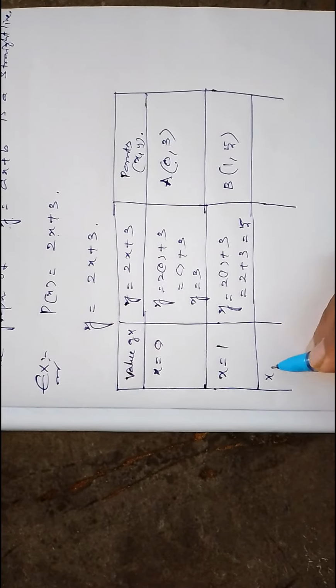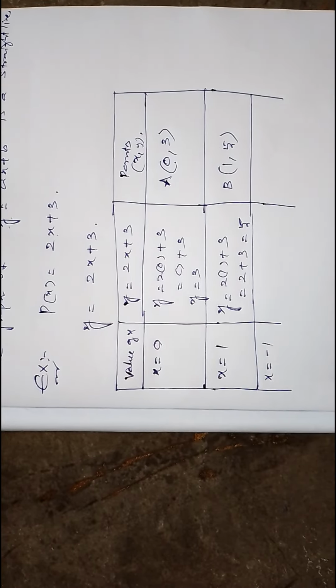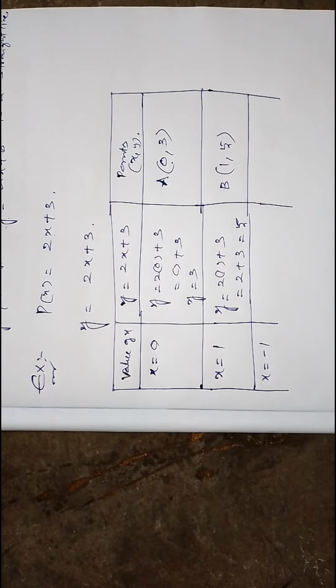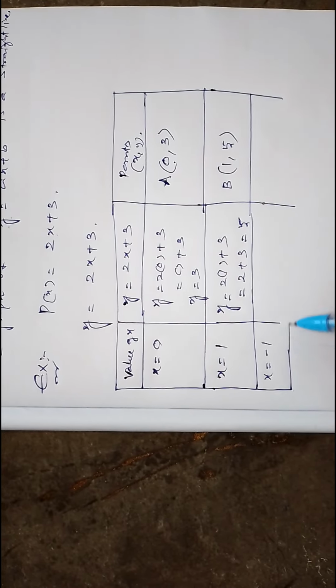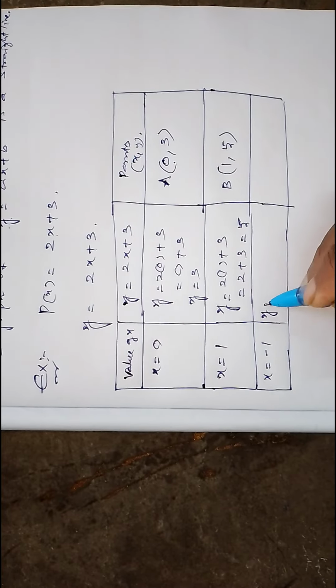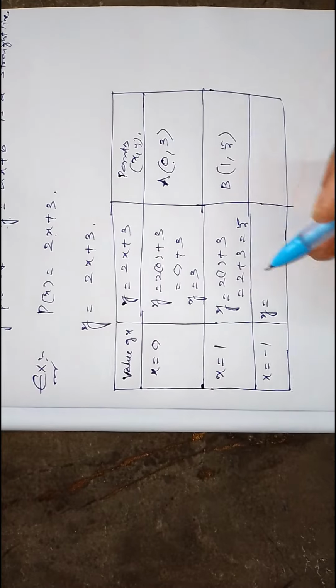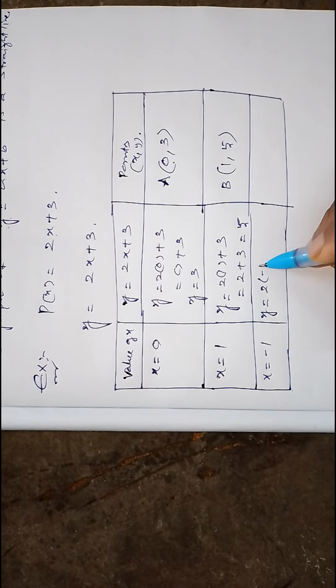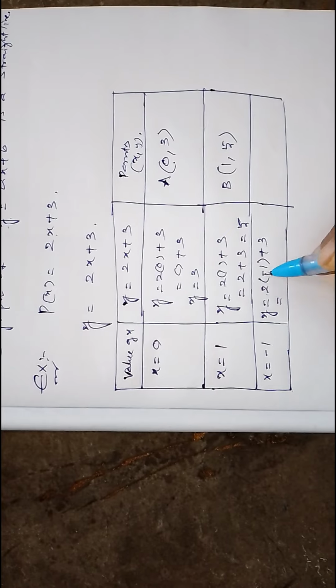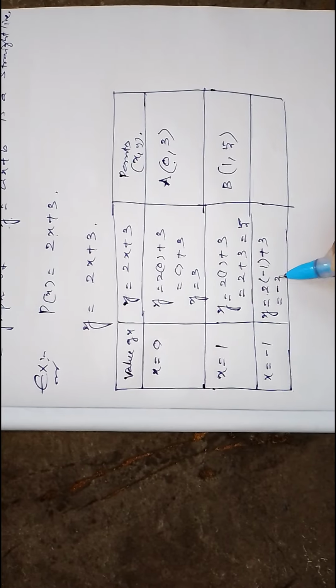Then one more point: x equals minus 1. On the number line, I take a negative value to the left of 0. Then what is y? Substituting x equals minus 1, we get 2 into minus 1 plus 3. Plus into minus is minus, so 2 ones are minus 2, plus 3.